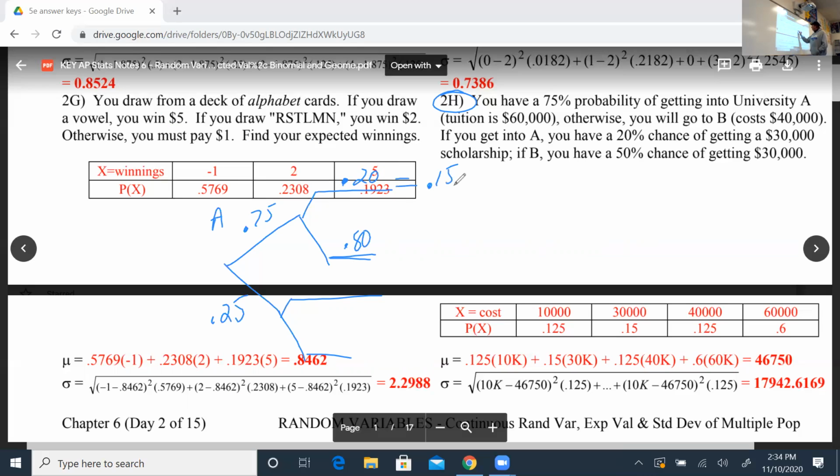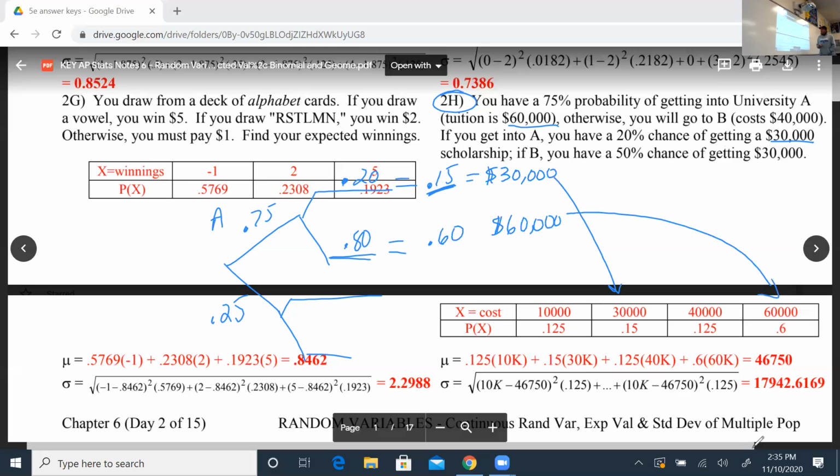So there's a 15% chance that you're going to get 30 grand off of 60 grand. That means you're going to pay a total of $30,000. And that one is illustrated right there. I put them in order of cost. All right, so 0.75 times 0.8 is 0.60. There's a 60% chance that you're going to have to pay the whole stinking thing of 60 grand. Don't go there. And again, that's illustrated right there in order of cost.